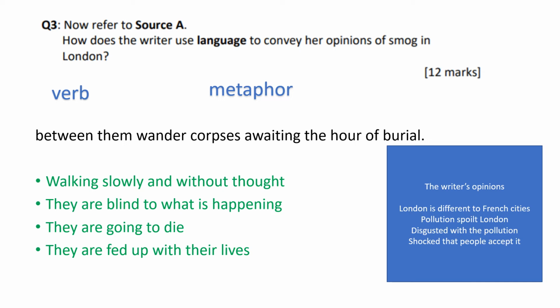So very, very simply, if we turn this into a paragraph, we could say that the writer uses the verb wander to show us that these people are walking slowly and without thought, which links into her shock that people accepted these terrible conditions of the smog. And you can see how easy it is to build it up. But really, you need to think about your little quotes that you're using and your techniques. The more thought you can have, the better, because that will help you with your explanation.